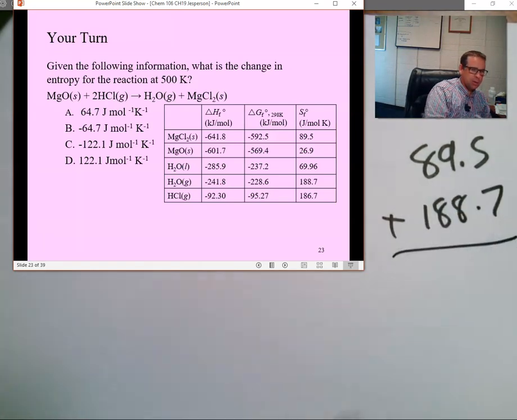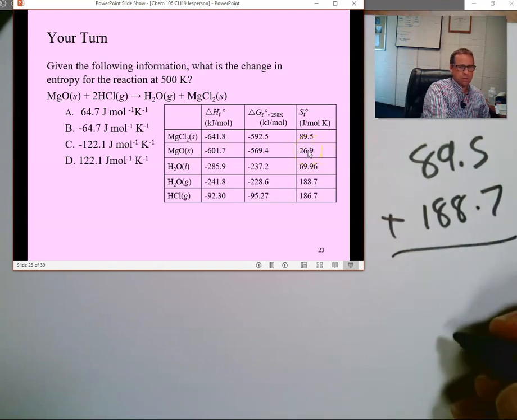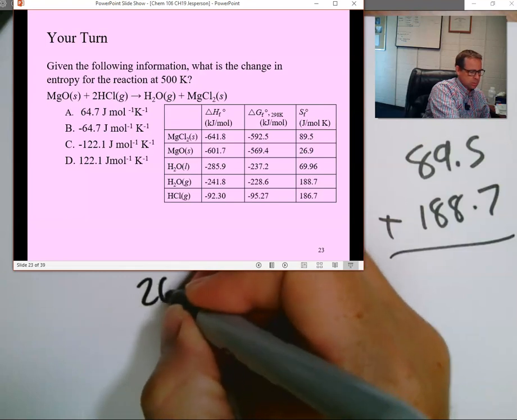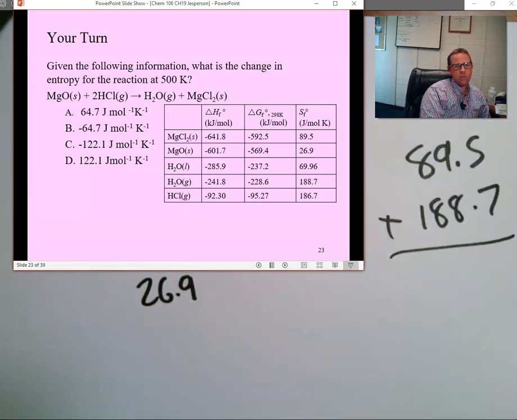That will be our contribution from our products. On the reactant side, we have magnesium oxide, 26.9. And then 2 HCl's. Again, this is joules per mole per Kelvin. HCl, 186.7.